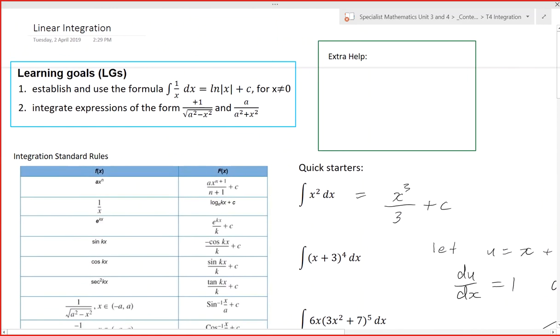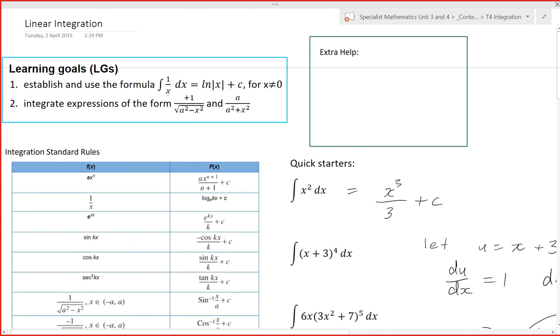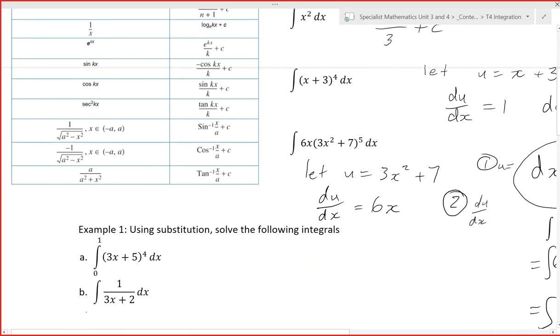Today's goal is to actually look at this. So we've got this rule. We've got a similar situation here. But it's not just x by itself, there's a 3 and a 2.